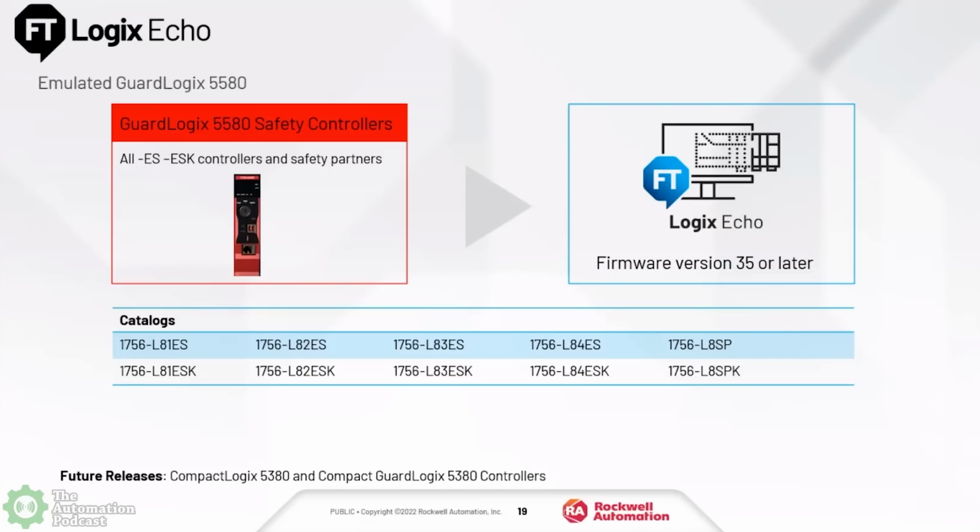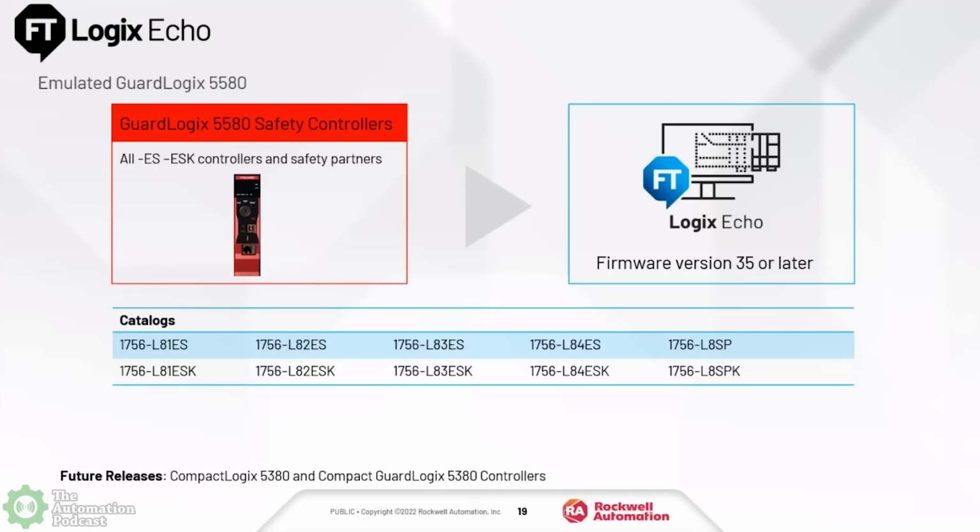So you can truly download a safety application exactly how it would be when you put it on a live system and have that emulated for you with FactoryTalk Logix Echo. Just a reminder, this is with R2 of Echo and firmware version 35 or later, that GuardLogix functionality will be supported. So come around Automation Fair and you'll get some good demos of this, I have a feeling.